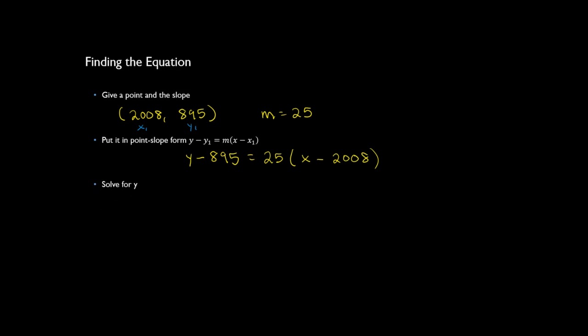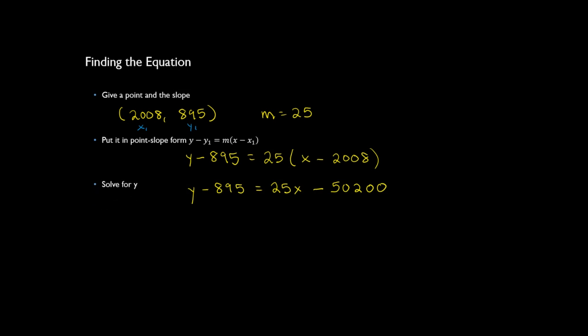Once you have it in point slope form, then you start solving for y, so that we can put it in slope intercept form. That starts by distributing on the right side. So my left side is staying the same, and then on the right, I'm multiplying 25 through the parentheses. So I have 25x, and then I need to do 25 times 2008. It gives me a big number, that's okay. 50,200.